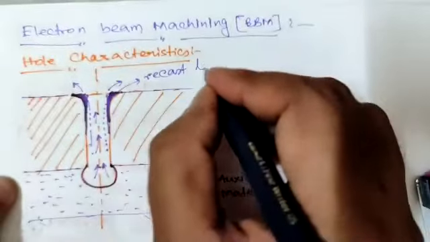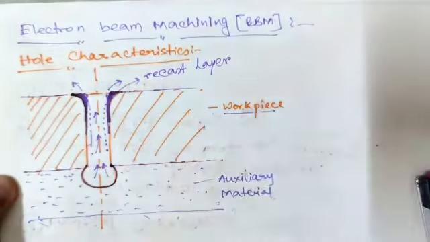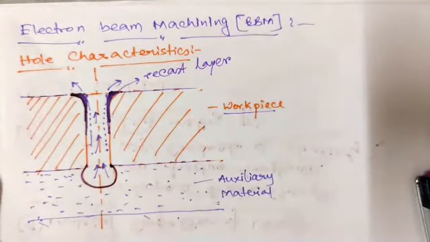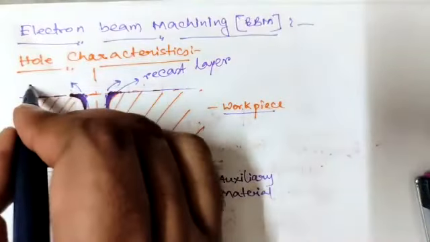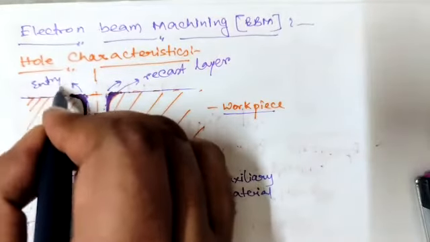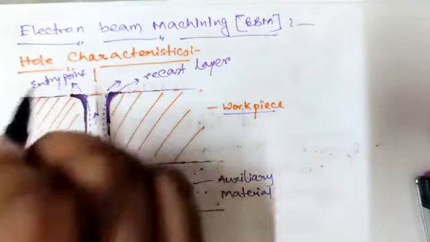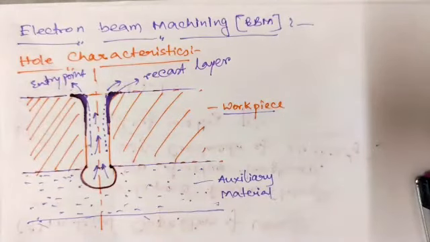This is the recast layer, and this is the entry point. Now, we are going to get this hole because of melting and vaporization of material.